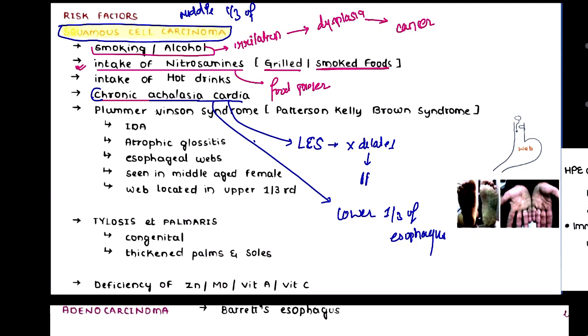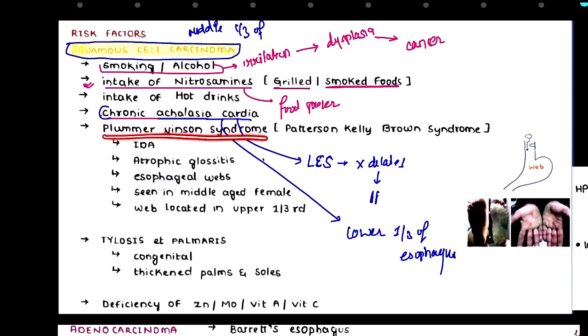Now moving further, we have Plummer-Vinson syndrome. This Plummer-Vinson syndrome is also a risk factor for squamous cell carcinoma. What is this syndrome? It is seen in middle-aged females. Here there will be a web located in the upper one third region of the esophagus.